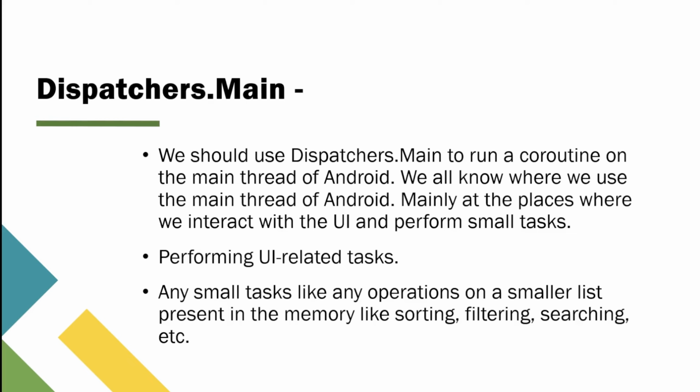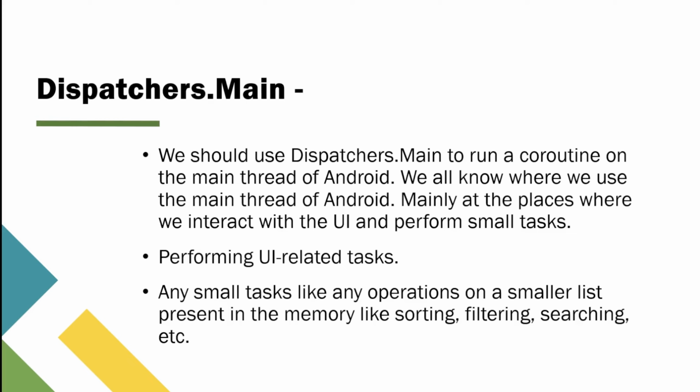So as I've mentioned earlier, assuming you are going to make an API call, I would suggest that we should be making use of Dispatchers.IO with the coroutine to make that API call. It will switch from the main thread to the background thread, that is the input-output thread. And once you have received the result, you are going to come back to the UI, because you would have to load the result to show it to the user.